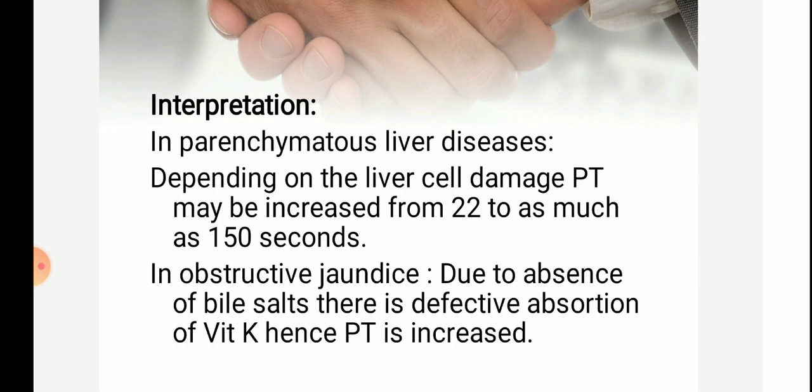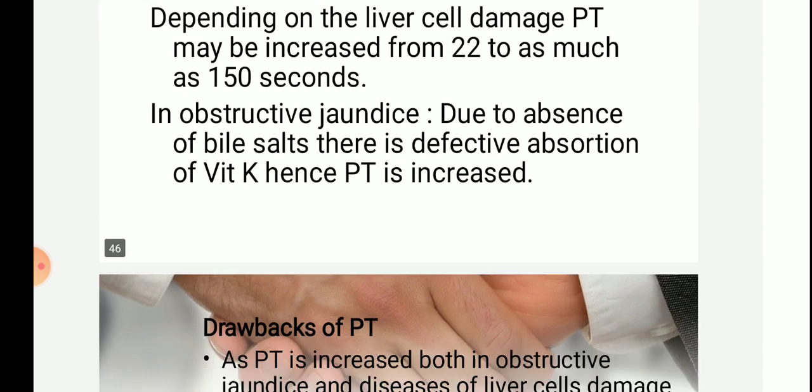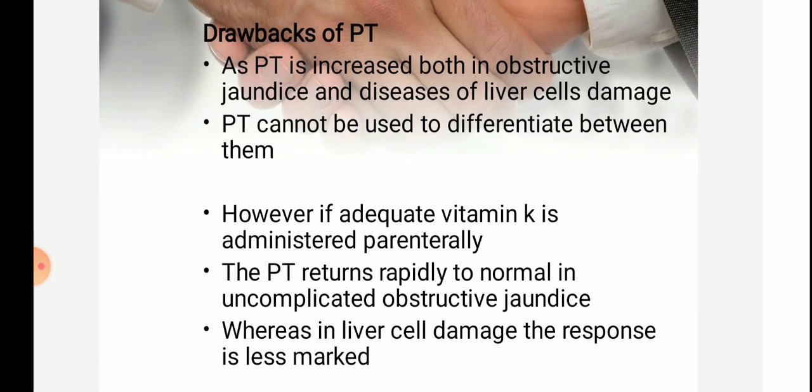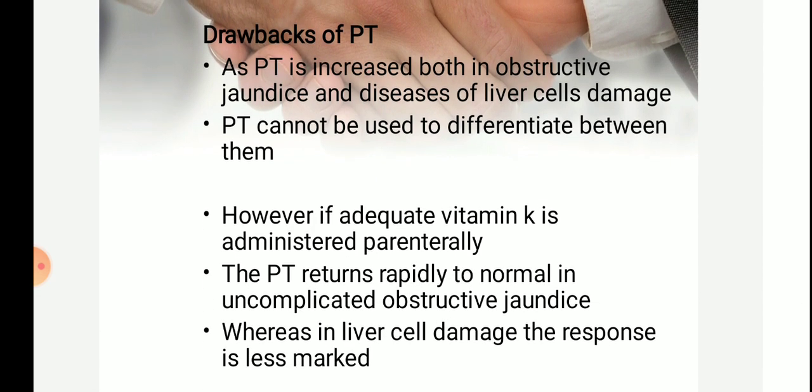Basically, this is due to the diffuse parenchymal liver disease. Drawbacks of PT: as PT is increased both in obstructive jaundice and in diseases of liver cell damage, that is parenchymal disease, PT cannot be used to differentiate between them. So a differential cannot be provided here.